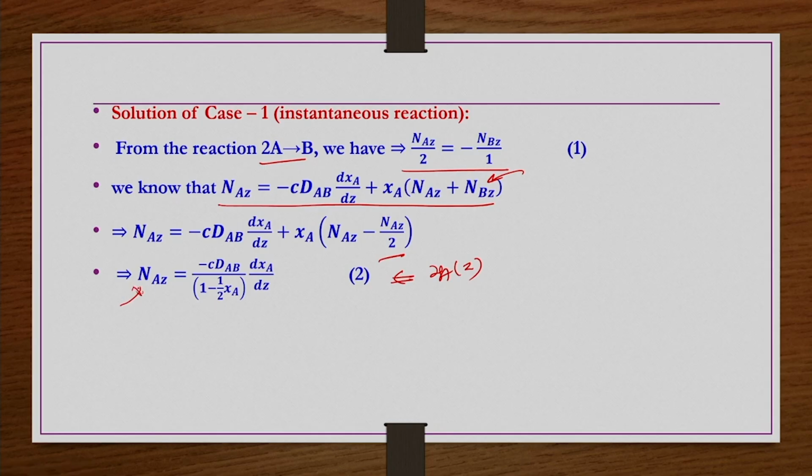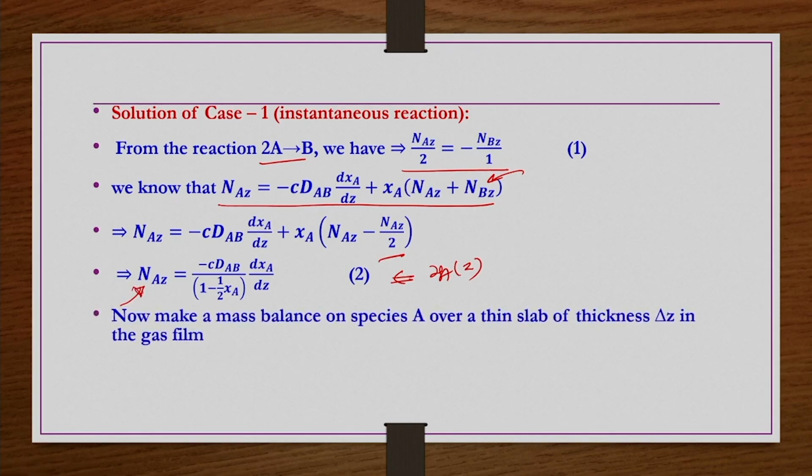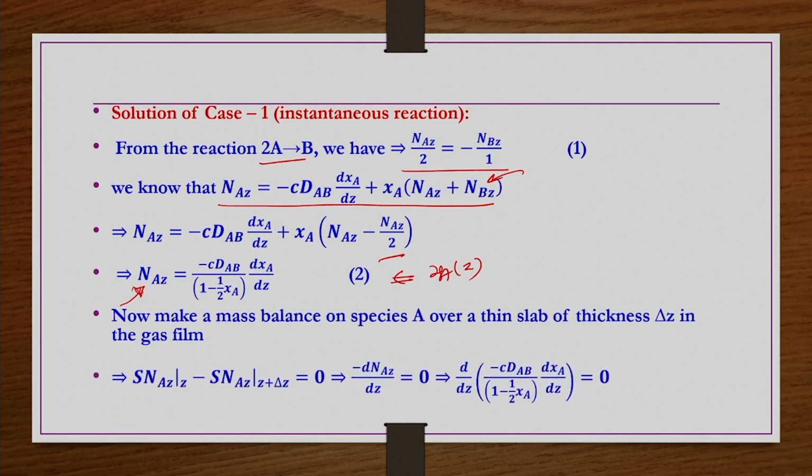For that, in order to get NaZ, we write a balance equation: S multiplied by NaZ at Z minus S multiplied by NaZ at Z plus delta Z is equal to 0, because the reaction part will not come here as a source term in the balance equation. It will come as a boundary condition because it is a heterogeneous reaction. It is occurring only at a specified location, the catalyst surface. It is not occurring in the film.